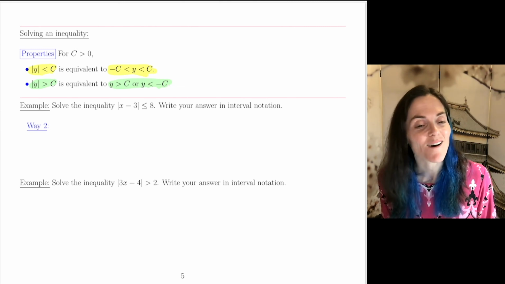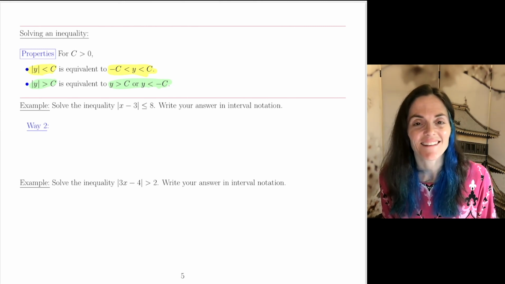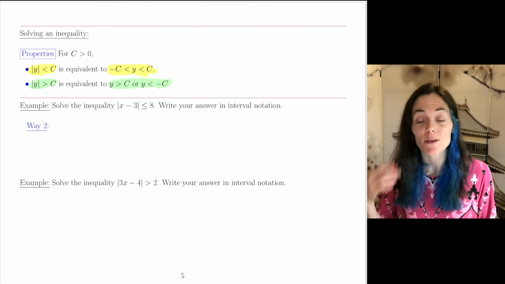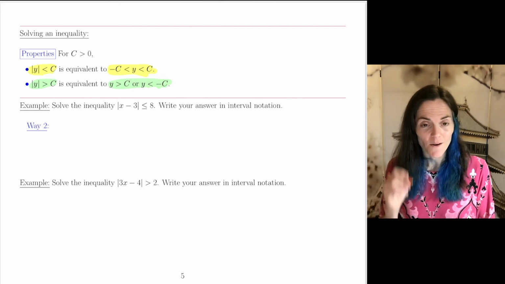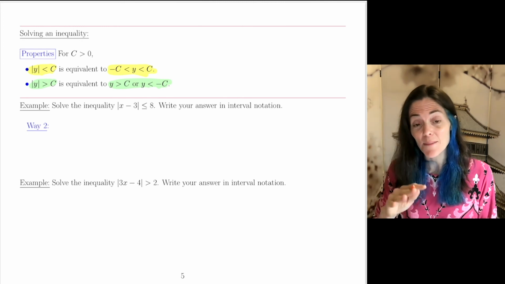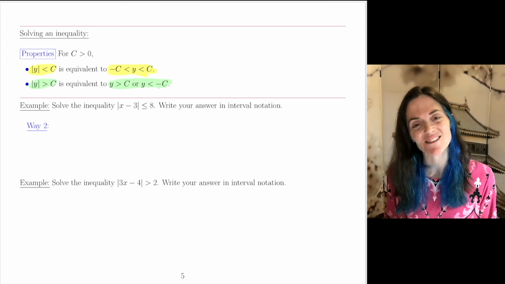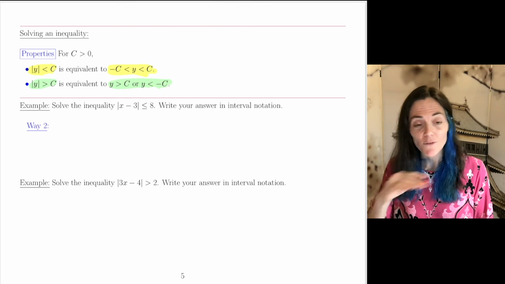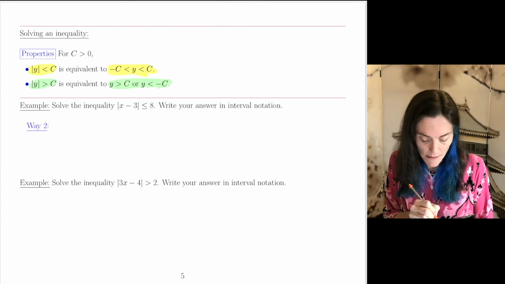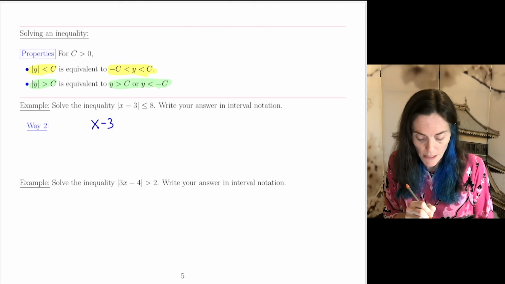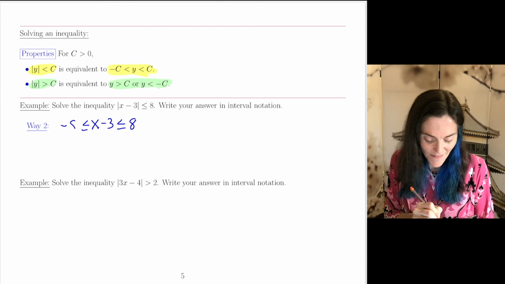Let's go back and solve this inequality that we already solved using a number line, but using properties. And then we will do one more. So here I have the same inequality, absolute value of x minus 3 less than or equal to 8. If we use this yellow highlighted property, this means that x minus 3 is less than or equal to 8 and bigger than or equal to -8.